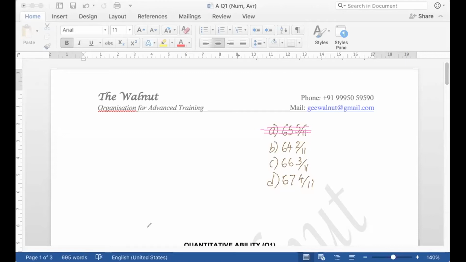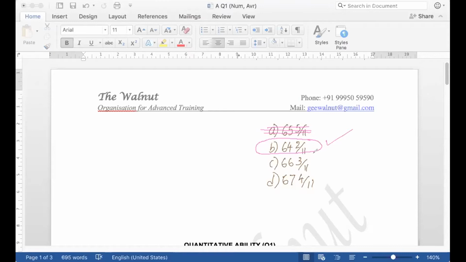So the option is the second one. The reason is the clock is running fast, so the degrees covered by the clock would be more in less time. If it is a slow clock, the time gap would be more than 65 and 5 by 11. So in this case, it is less. This is the logic behind that answer.